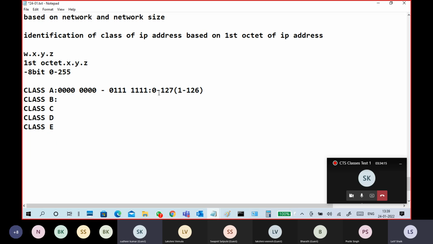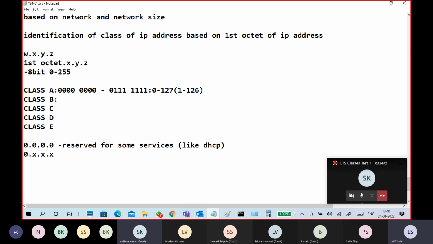Why not 0? 0.0.0.0 is reserved for some services, for example DHCP. So it is reserved, and we don't use this IP address.